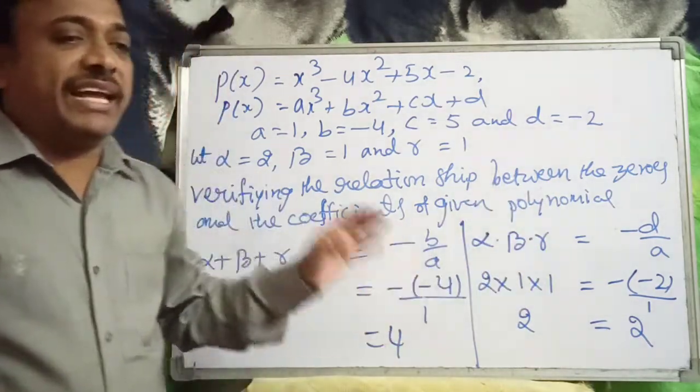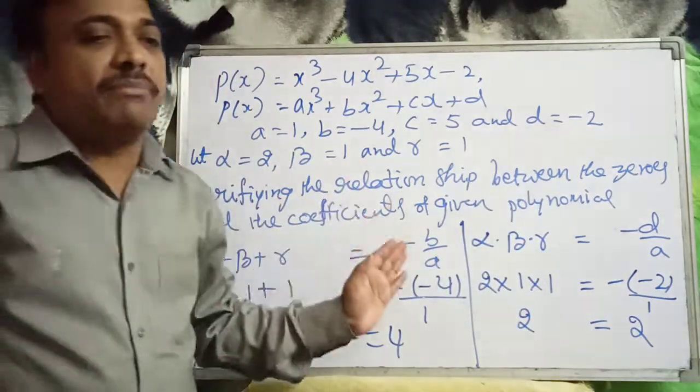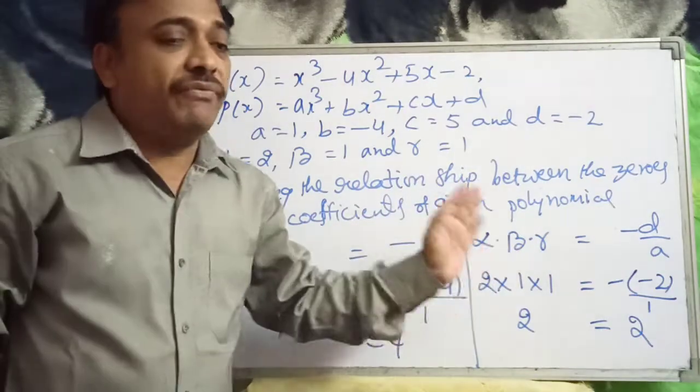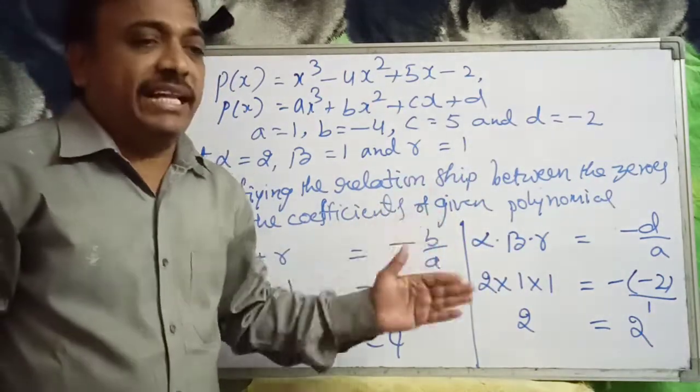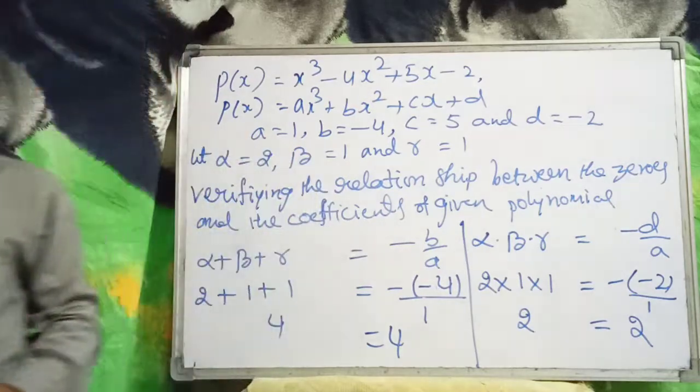Now the third one is there: alpha into beta plus beta into gamma plus gamma into alpha, which is equal to c by a. That we have to verify.